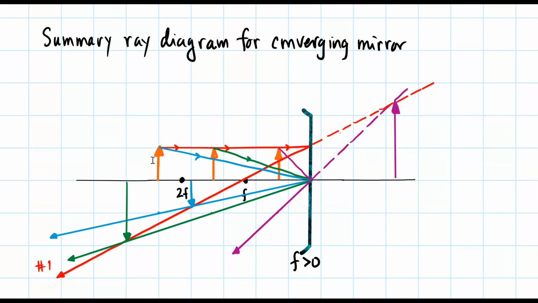So as the object moves towards the mirror, the image is inside F and 2F, and when the object is inside of 2F and F, the image is outside of 2F, and if I get closer and closer to the focal point, that green image will go to infinity, and then as it crosses the threshold across the focal point, the image appears to be coming from infinity towards the mirror. Very similar to a converging lens.